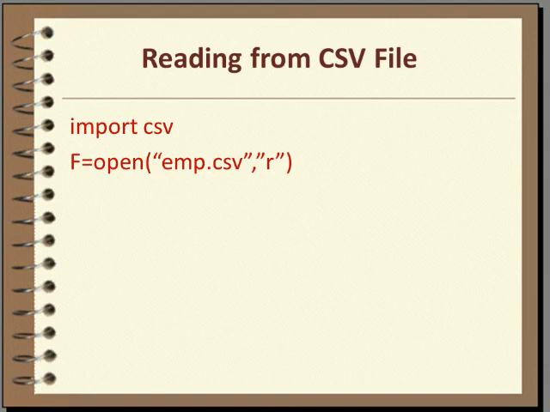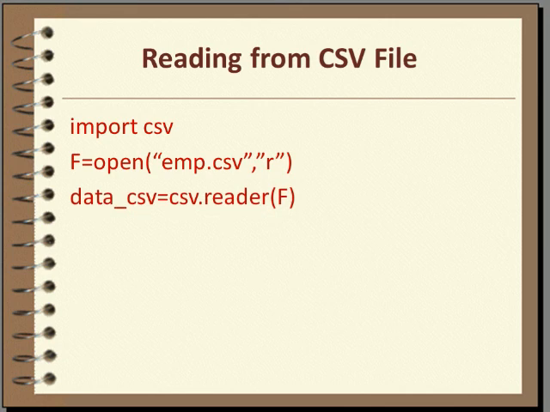My file is emp.csv that I wanted to read through my Python program, and the second is the access mode. It is r. The purpose of opening this emp.csv file in the Python program is reading, so it is r. If the purpose is writing or appending, then it will be w.